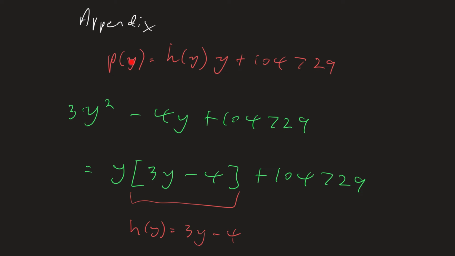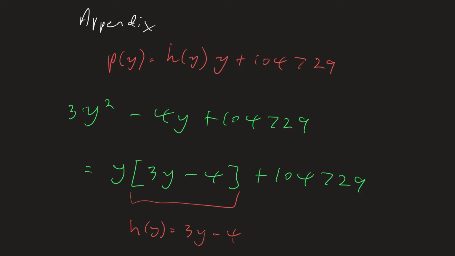Because P of 0 has to equal 104,729, we know that P of y has to be something times y to some power plus blah blah blah plus a constant term, and this constant has to be this number here. Indeed, when we substitute 0 in, when y equals 0, all these terms out the front disappear, and I'm just left with my constant term.